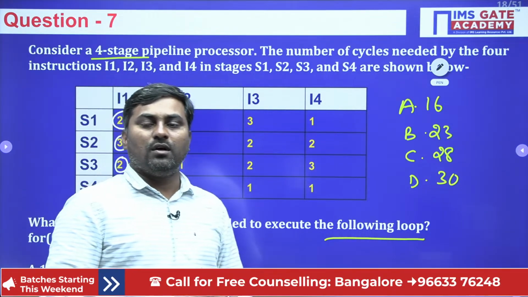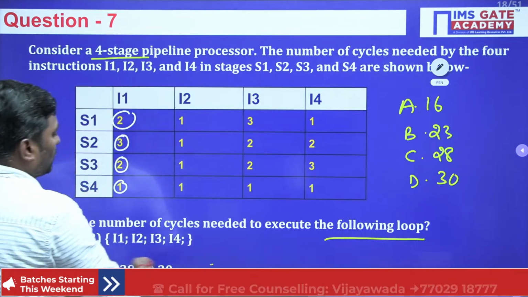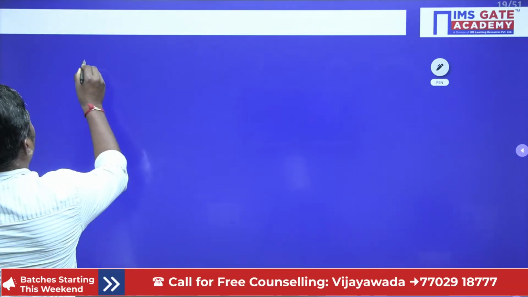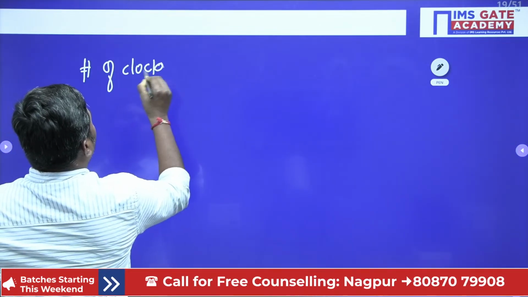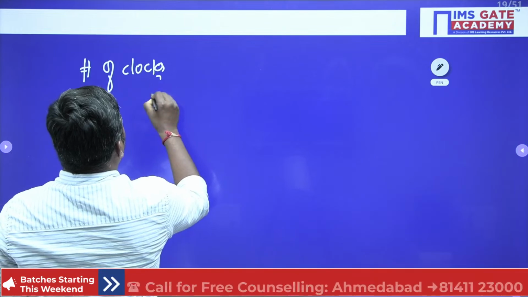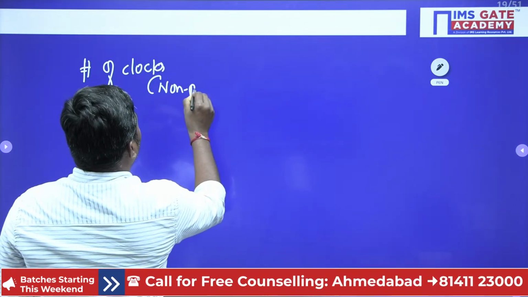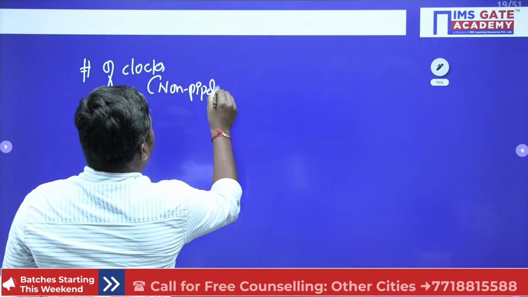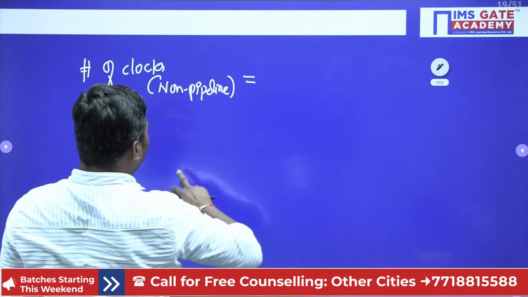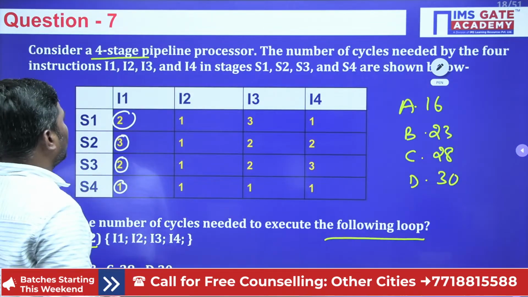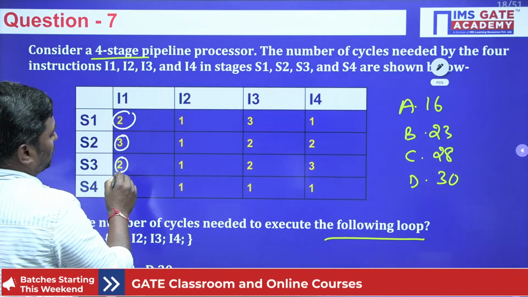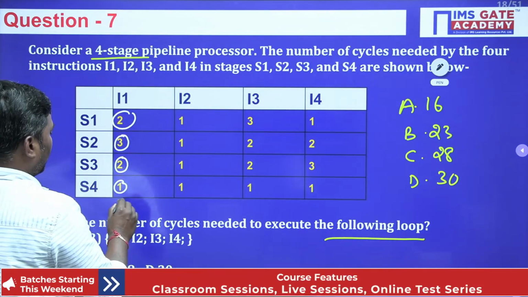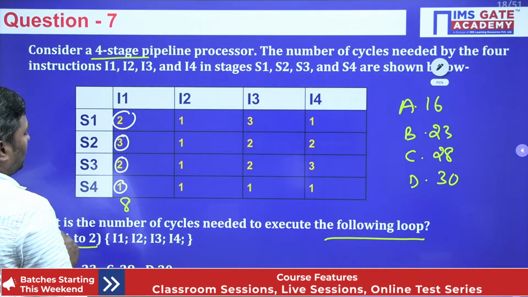Suppose I ask you how many clocks are required in the non-pipeline case. Each instruction has to go all the way, so it is the sum of the clocks only. 2 plus 3, 5 plus 2, 7 plus 1, 8. 8 clocks are required for instruction 1.